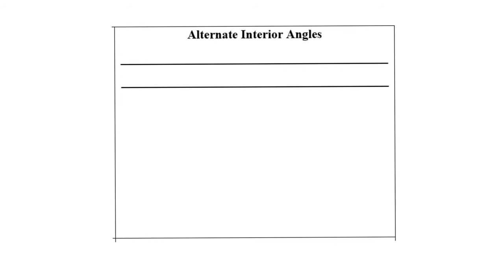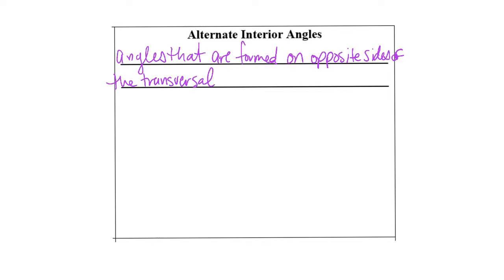All right, our next one is alternate interior angles. Alternate interior angles are angles that are formed on opposite sides of the transversal and inside the two parallel lines are congruent.